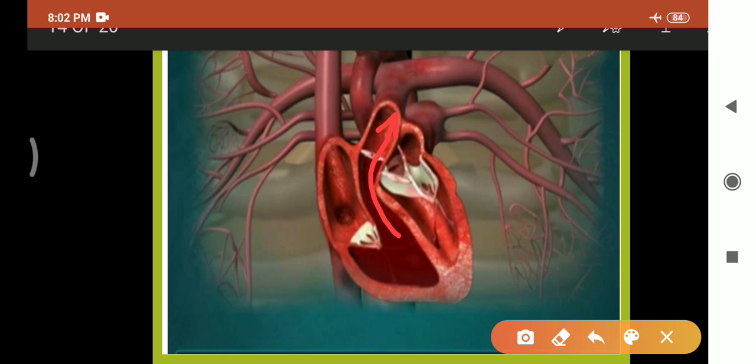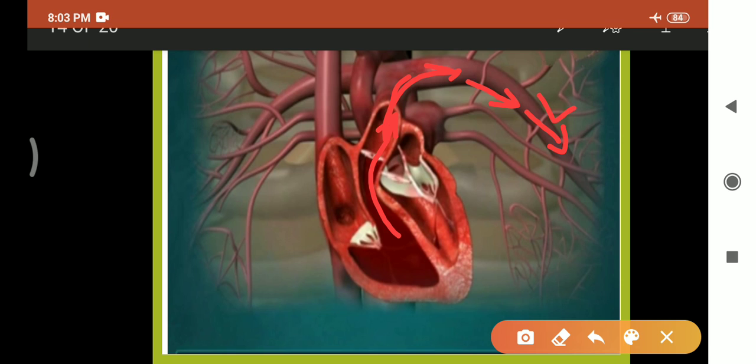What is that? That is the pulmonary artery. Here this is the pulmonary artery. This pulmonary artery takes the deoxygenated blood to the lungs.